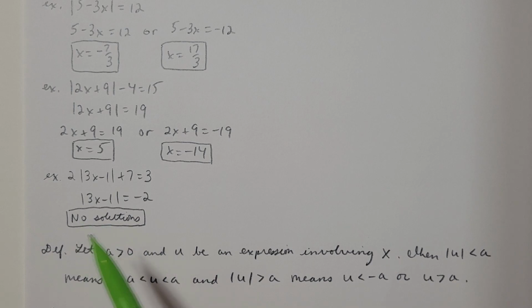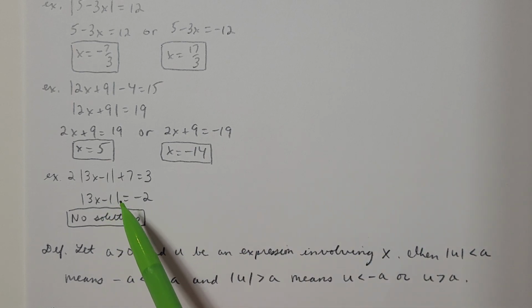So no solutions would be my answer. Be aware of that. I think there's maybe one problem or so where they have an absolute value equation with a negative on the right side, so that's always going to be no solutions. There's no positive equal a negative.